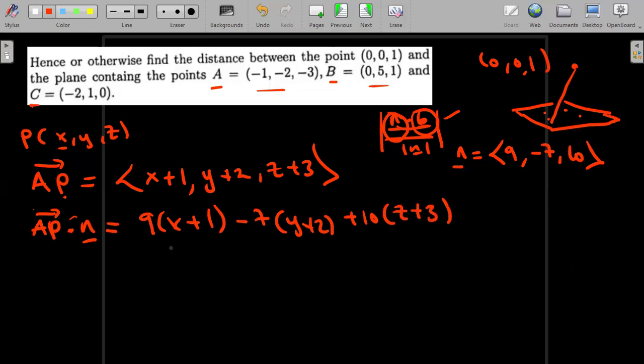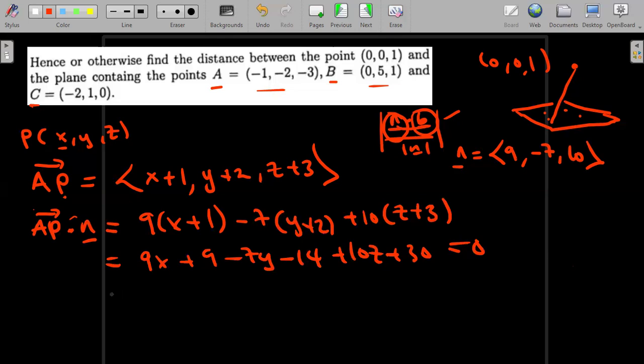So you get this here. So when you get this, you can multiply that throughout, you get 9x plus 9 minus 7y minus 14 plus 10z plus 30 is equal to 0. So this must be equal to 0.